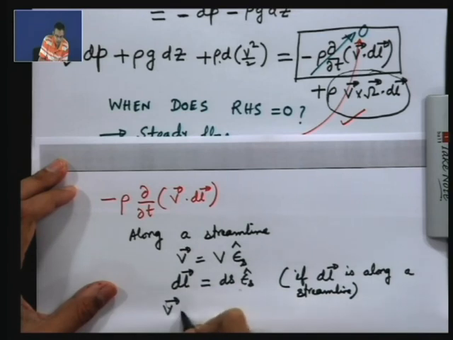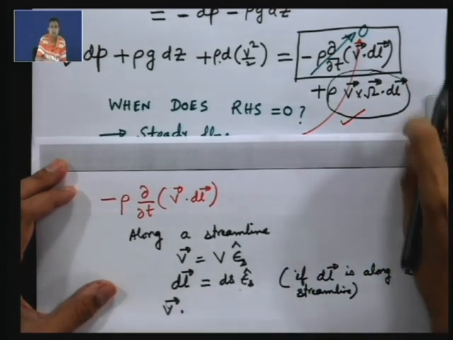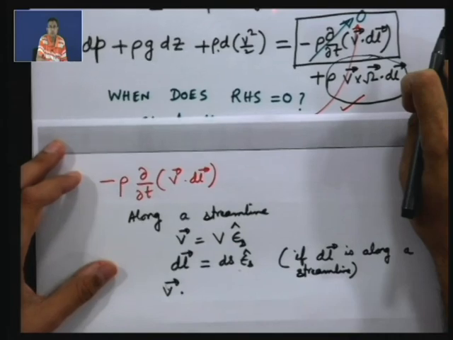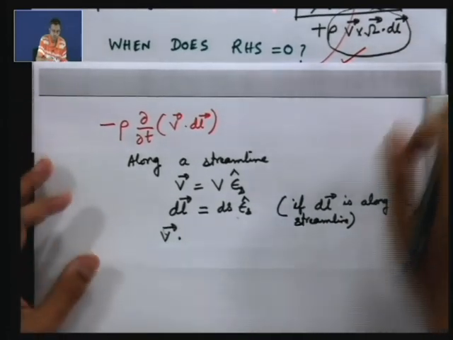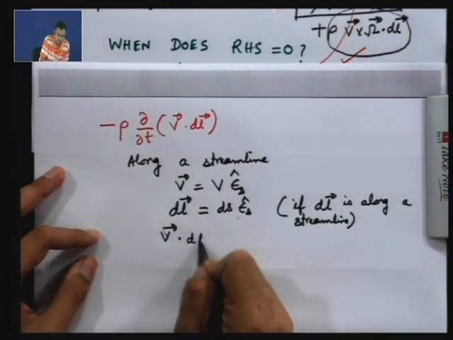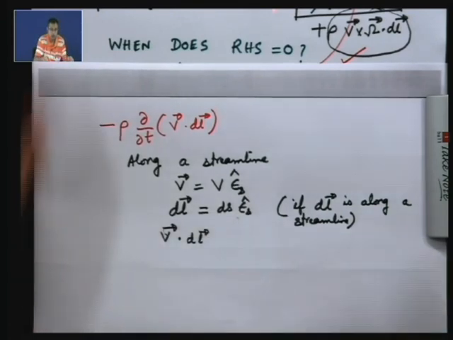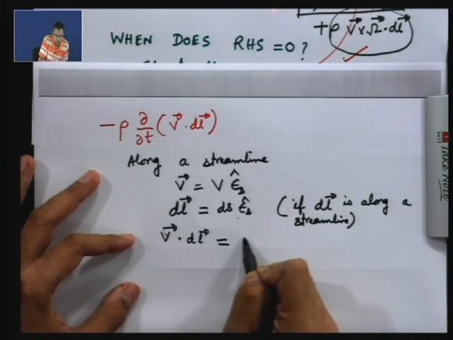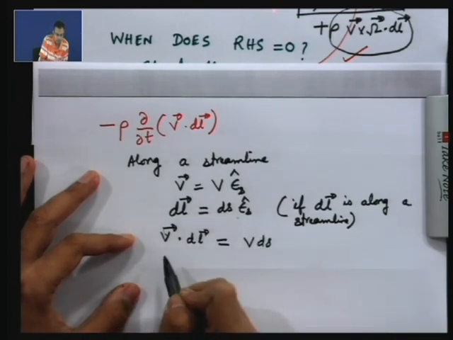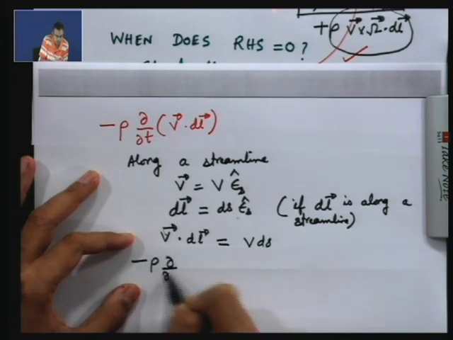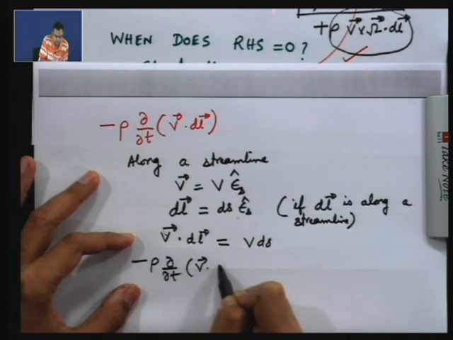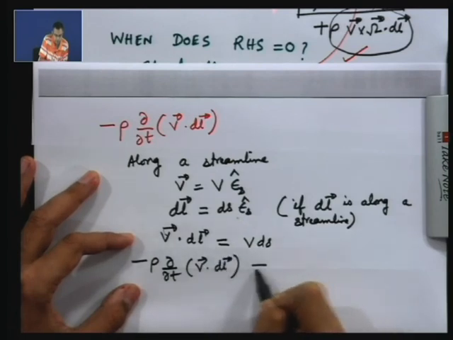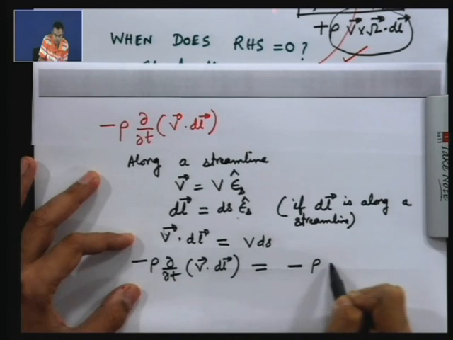So, v dot dl is v ds. So, minus rho del del t of v dot dl is equal to minus rho del v del t ds.